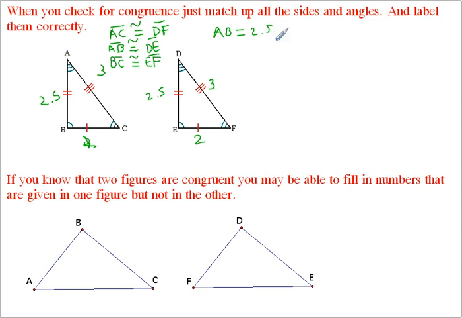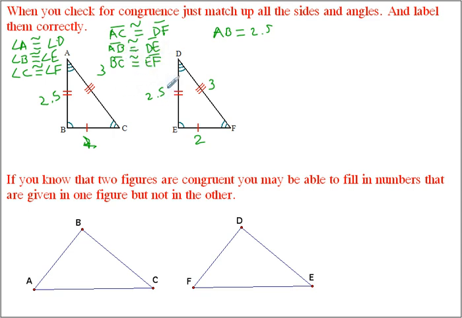But then I need to take care of the angles also. So angle A is congruent to angle D, angle B is congruent to angle E, and angle C is congruent to angle F. And if those are all true, then I prove that these two are congruent.